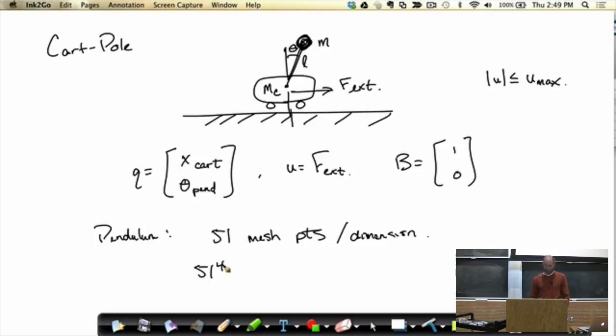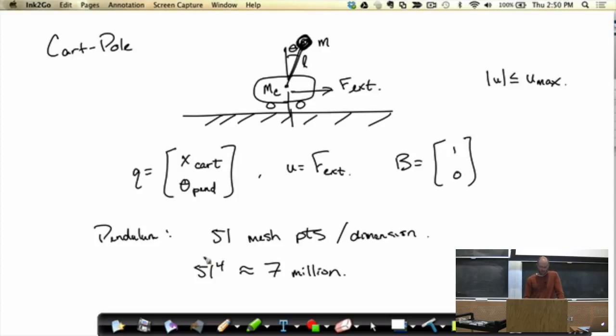That means I've got, I don't know, 7 million mesh points. My transition matrix, although it's very, very sparse, is the square of that. It just doesn't feel like you should have to throw the power of distributed computation at this canonical, simple underactuated system. So we're going to say that the DP solutions are viable just barely for this, and really the best I've ever seen.